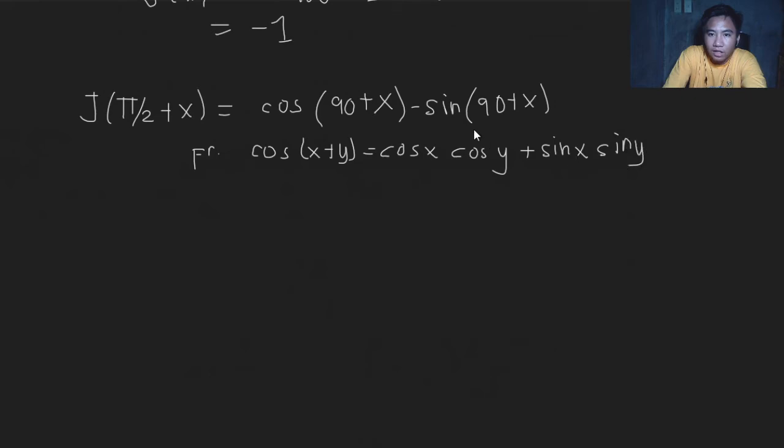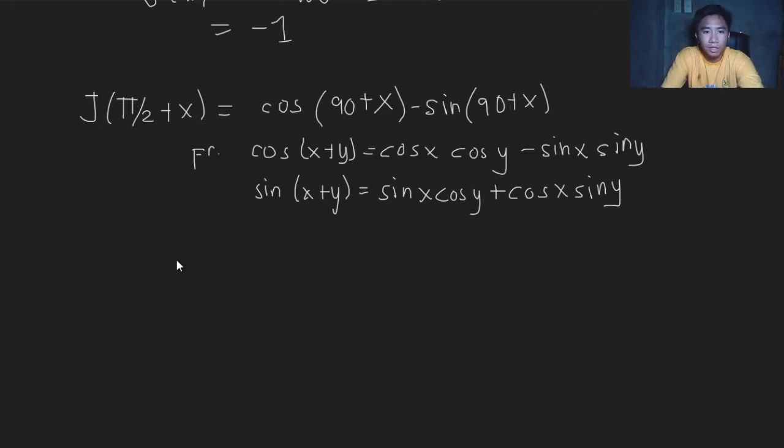And then si sine naman, x plus y is equal to sine x cosine y, plus, this should be minus. Ito minus yan. That should be minus, sorry. So, sine x cosine y plus cosine x sine y.